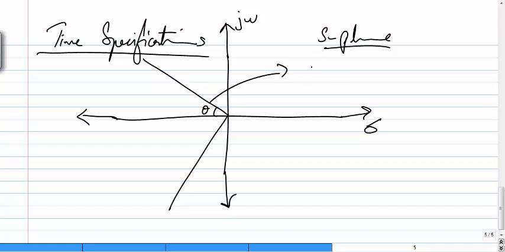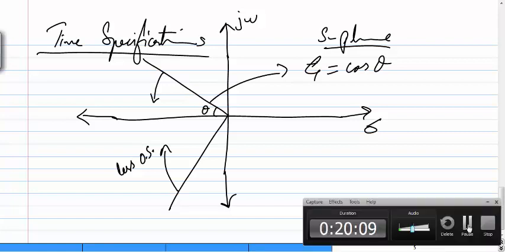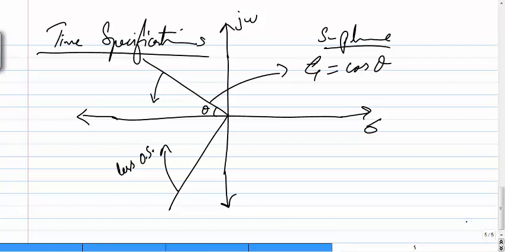So from here, zeta is equal to cos of theta. The important factor to know is that if we come towards the real axis, we have less overshoot. Actually zeta, with the formula, is related to the overshoot. So as we come towards the real axis, we have less overshoot. As we go away, we have more overshoot.